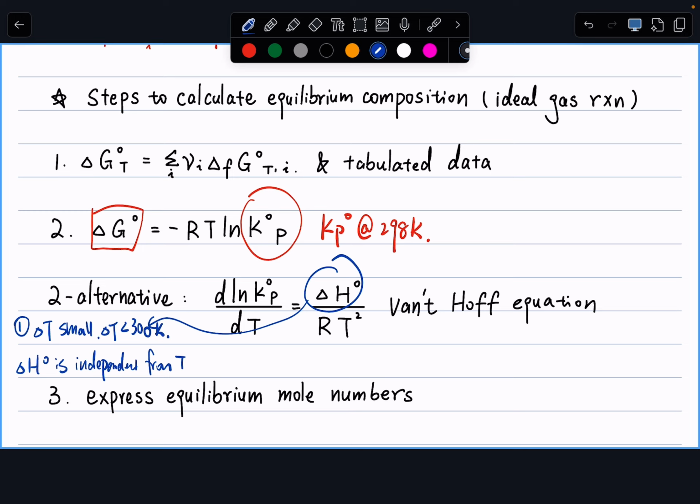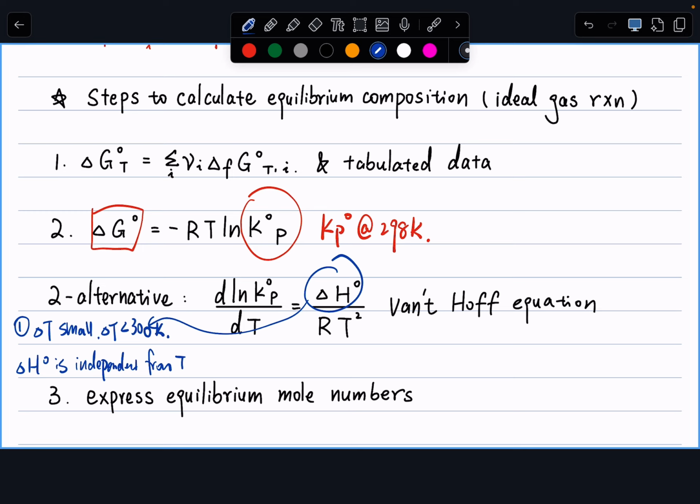And solving this integral, what are we getting here? On the left-hand side, we have delta ln Kp, which equals ln Kp at T2 minus ln Kp at T1.